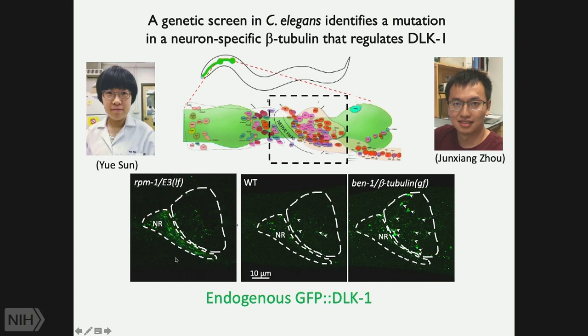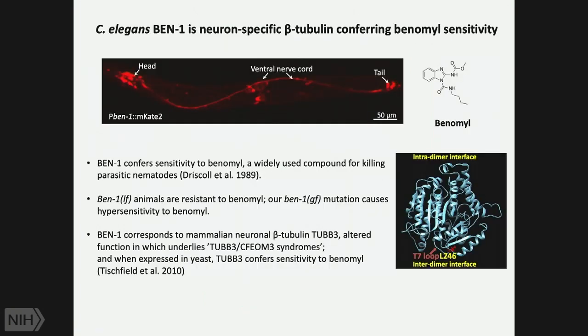Sure enough, we got our positive control, because DLK is inhibited and degraded by the E3 ubiquitin ligase RPM1. We also identified a tubulin, and this was unexpected. This tubulin is called BEN1. The C. elegans BEN1 tubulin is quite well studied, actually studied for some years by Marty Chalfie's group and Monica Driscoll.